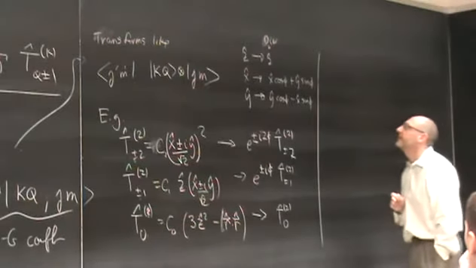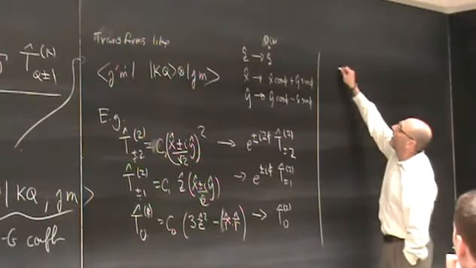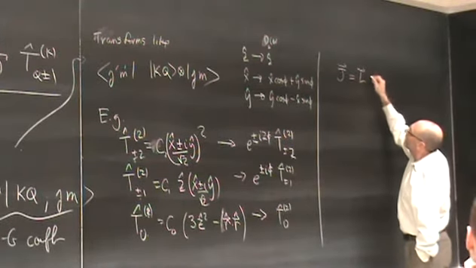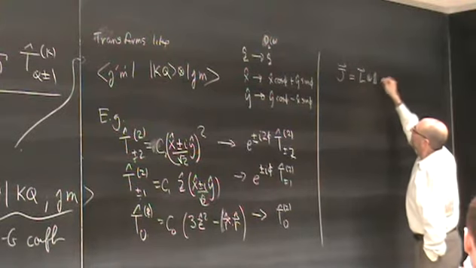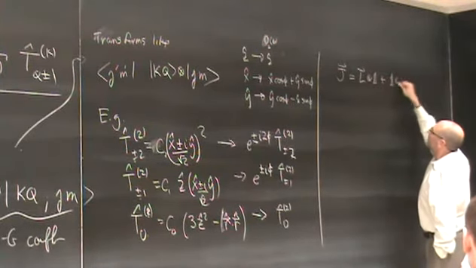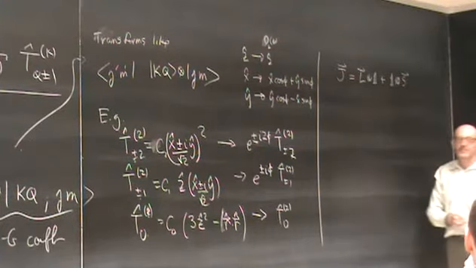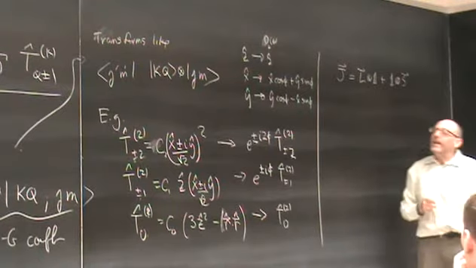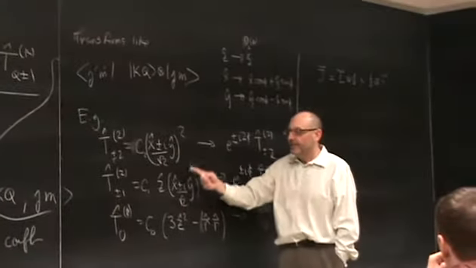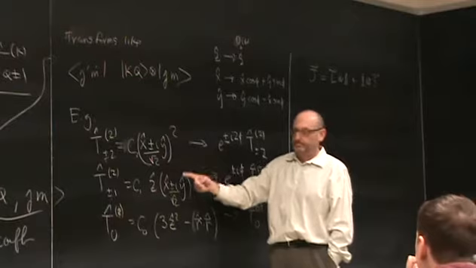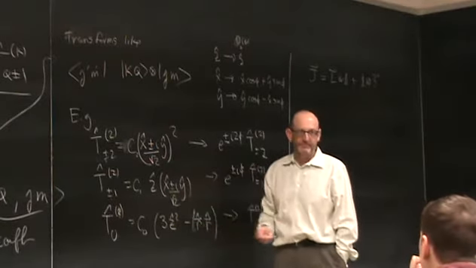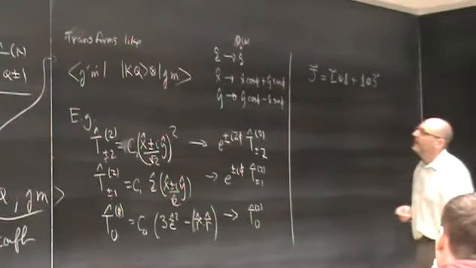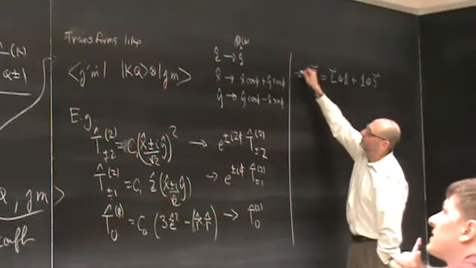Now let me ask you a question here. Suppose I let J be this, so it is orbital and spin. Are these 5 components a tensor under generation of rotations according to J?